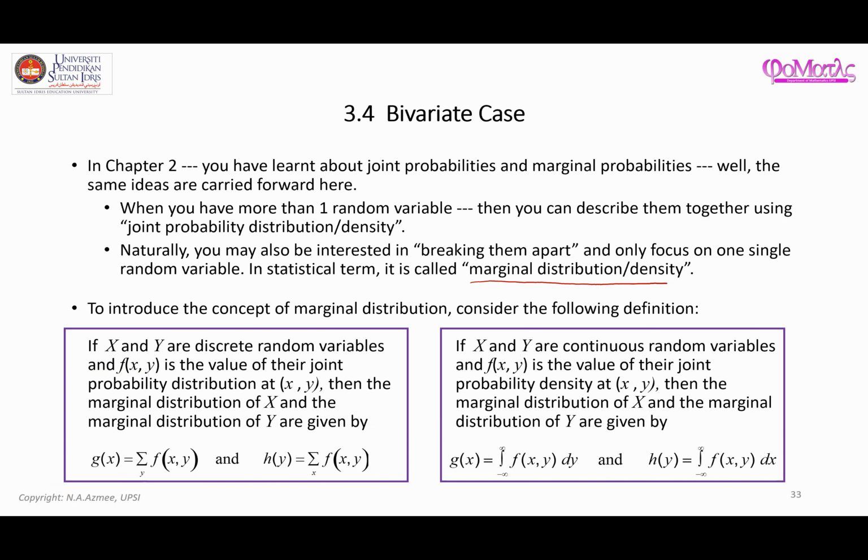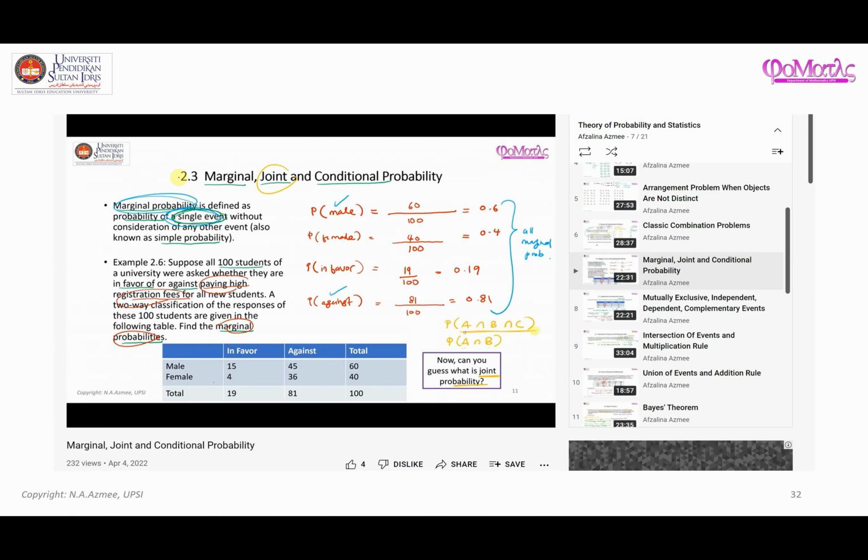Let's recap on what you have learned in chapter 2. Well, you have learned about joint probabilities and marginal probabilities. And if you can't recall what those are all about, you can just refer to this video right here, related to the idea of marginal, joint, and conditional probability.